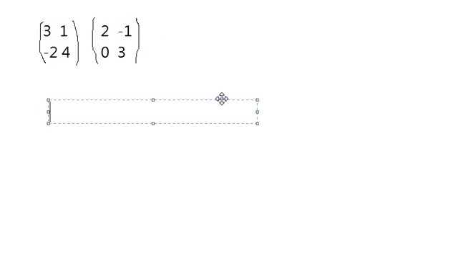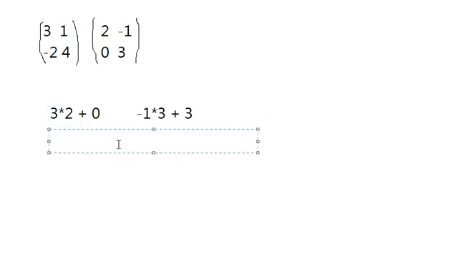So the first term will be 3 times 2 plus 1 times 0, which is 0. Then you've got the other term on the right, 3 times -1 plus 1 times 3, so that is 3.